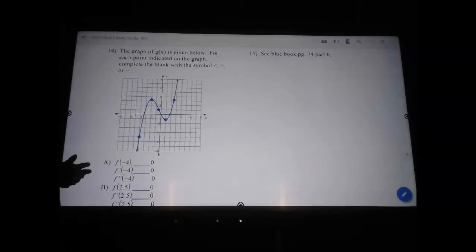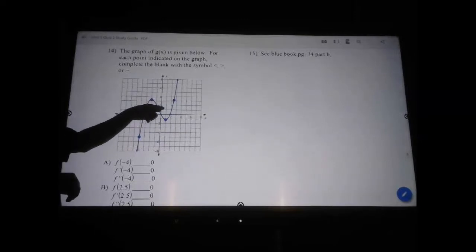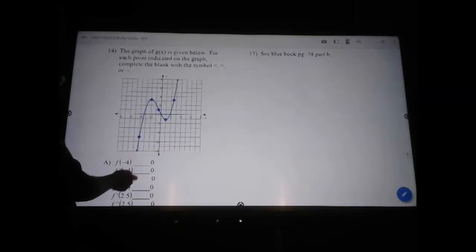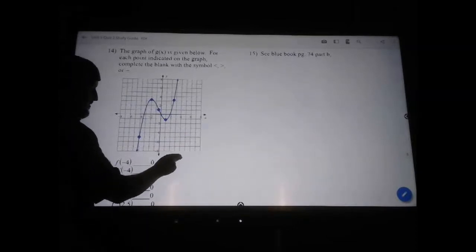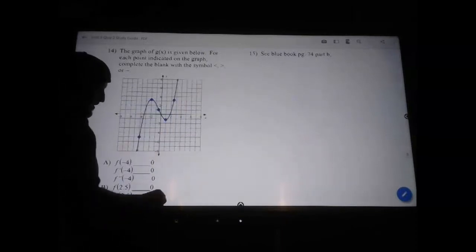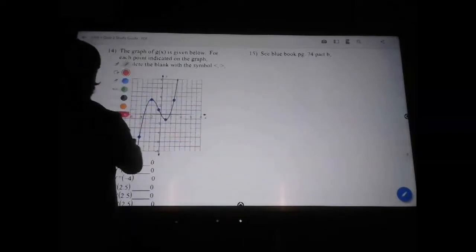For each point on the graph that's indicated with the big dot there, we want to complete the blank. So for instance, f of negative 4, f prime of negative 4, and f double prime of negative 4. What needs to go in these slots is either an equal sign, a less than sign, or a greater than sign. Is it less than 0, equal to 0, or greater than 0?